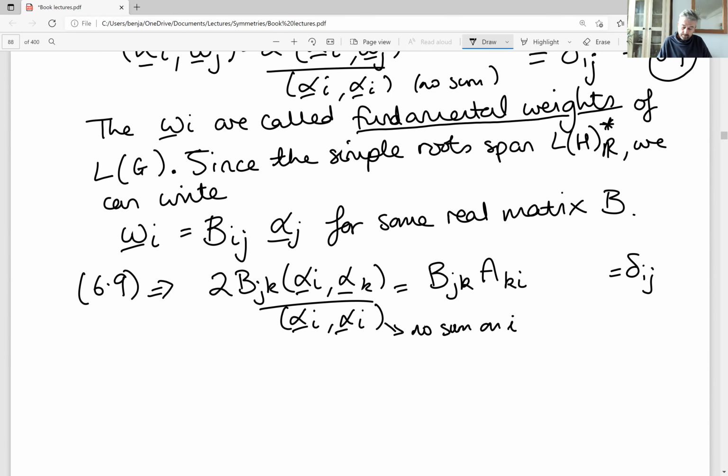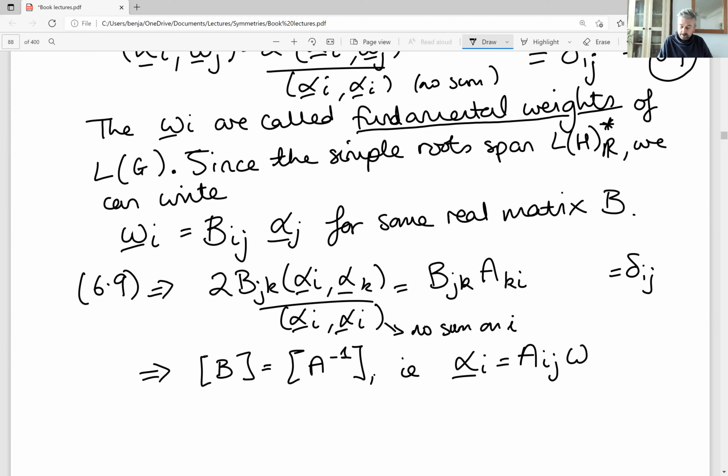So if we look at this equation above, what we see is that our matrix B is the inverse of the Cartan matrix. In other words, alpha_i is A_ij w_j.